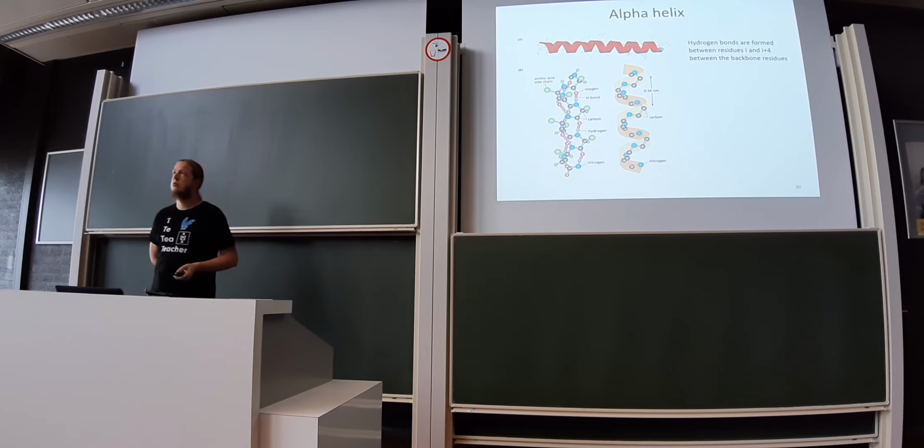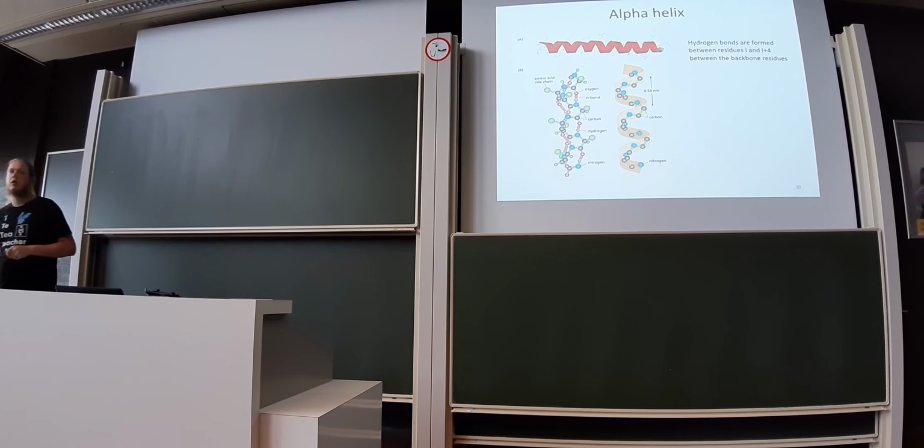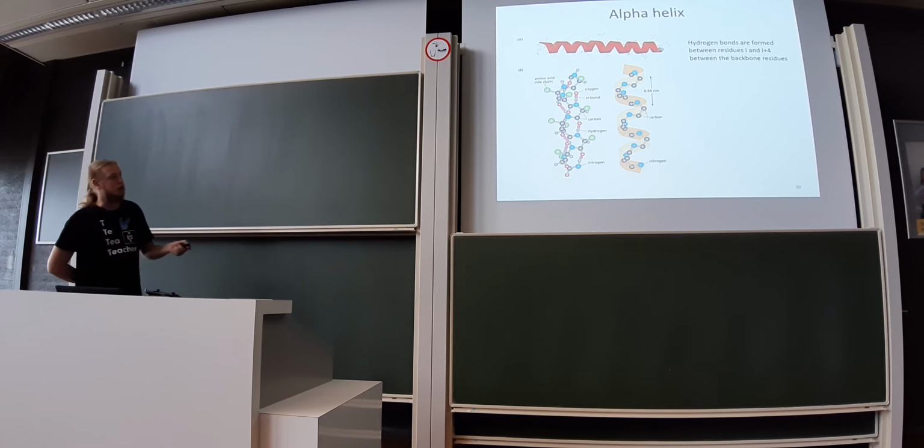In doing so, the hydrogen bond acceptors of the one atom are within range of the donors of the other. So you have this stack of small hydrogen bonds stabilizing this helix structure.